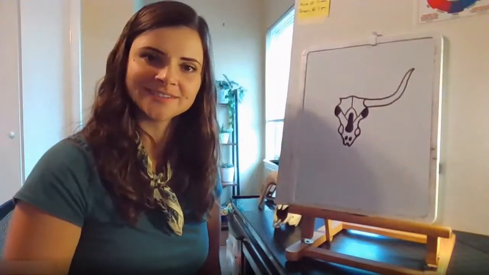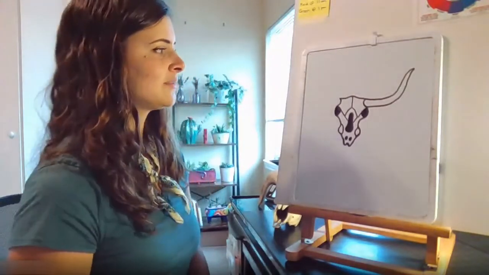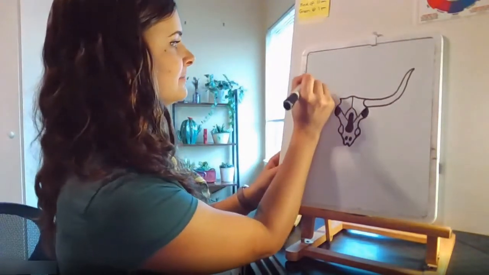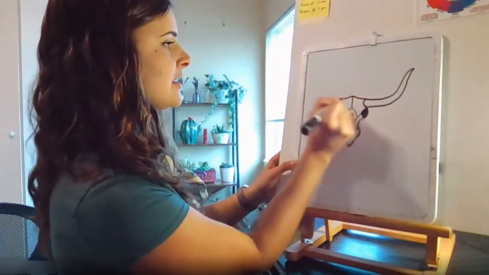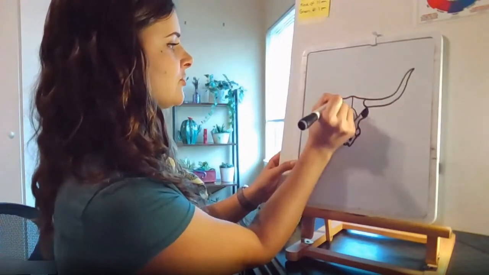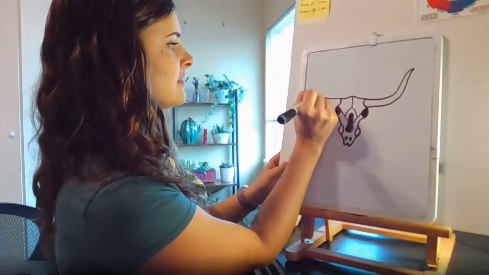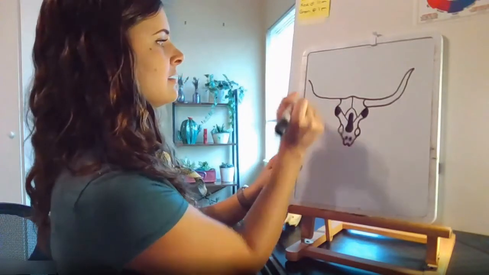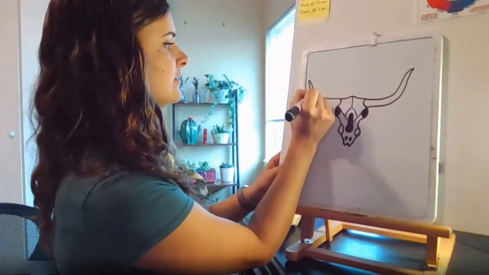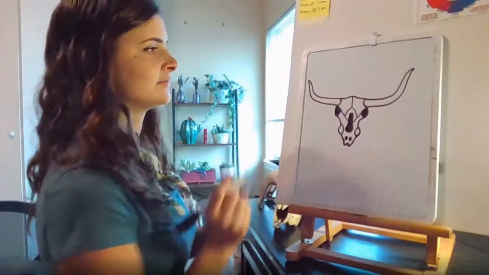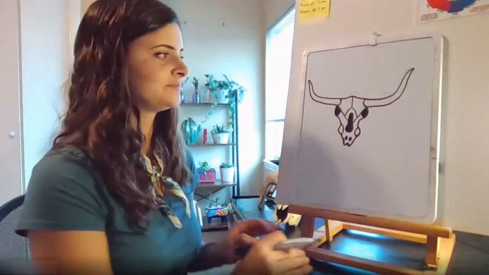So we got our first horn. Now we're going to do the same thing to the other side. We're going to try to keep the same shape, doing that stretched out S, and then bringing it with another line down like that.